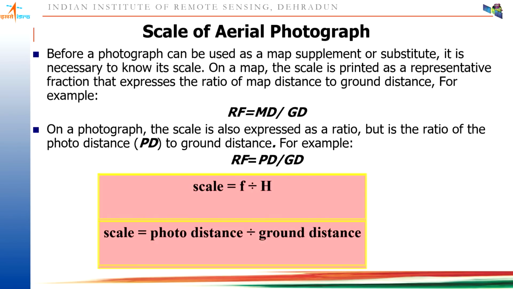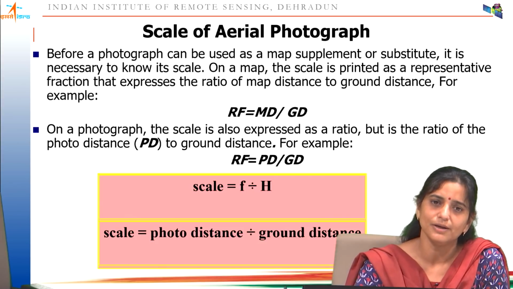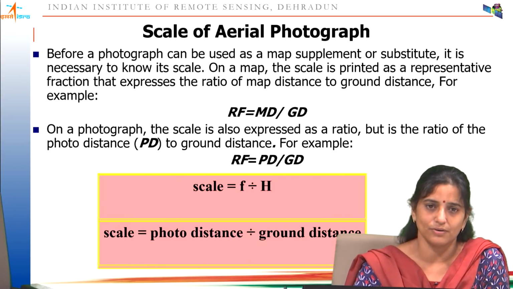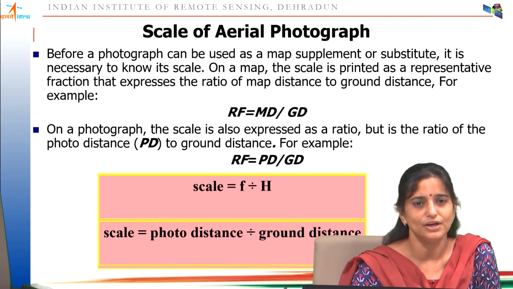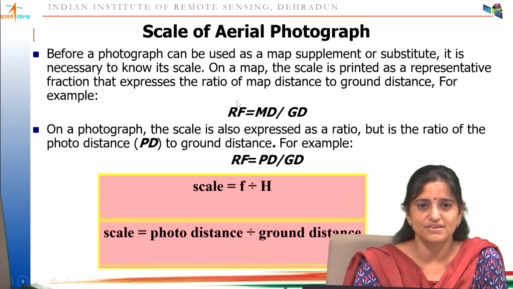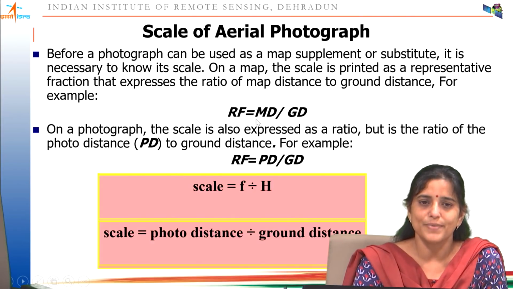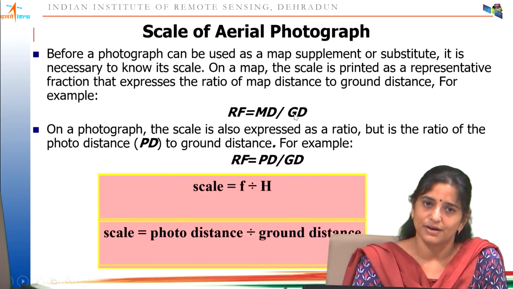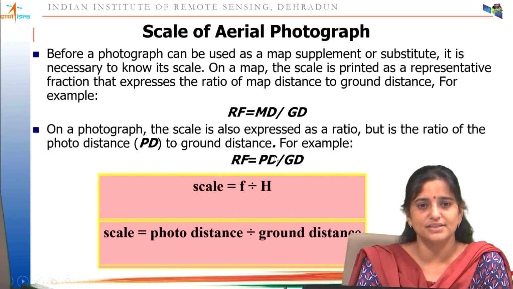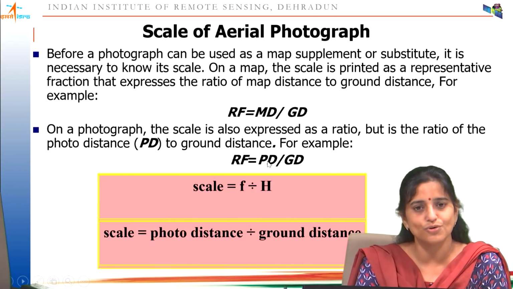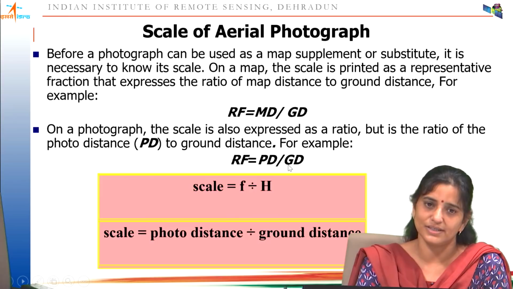So one measurement on the map is equivalent to 50,000 measurements on the ground. So representative fraction is equal to map distance divided by ground distance. Similarly, we can also express the scale of the photograph as representative fraction equal to photo distance upon ground distance.